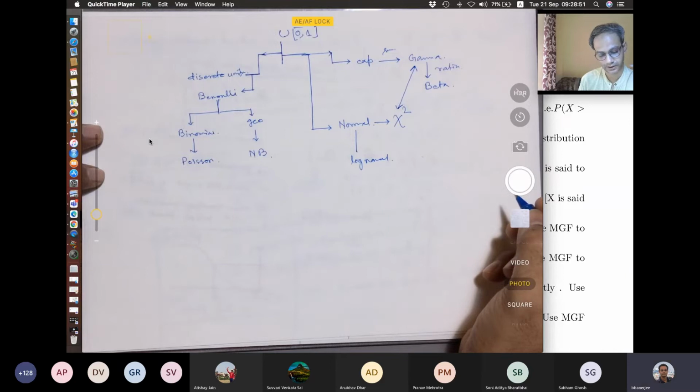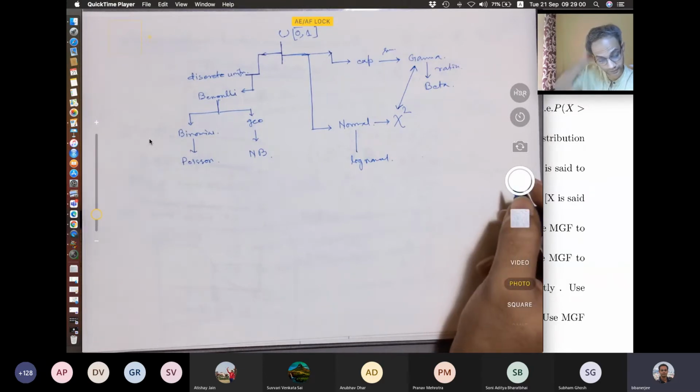And what else? Exponential, gamma, beta, log normal. Anything we are missing that we have done? Hypergeometric.